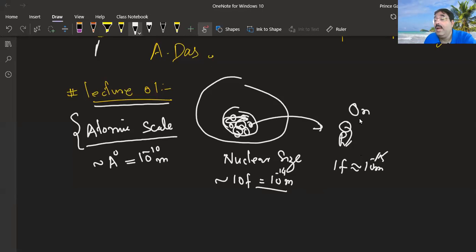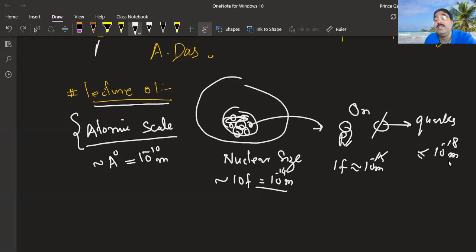Okay. And then we have these protons. They are further made from quarks. Okay. And the size of the quark happens to be less than 10 to the power minus 18 meters. And our experiments can go that far only. We can only go up to quarks.